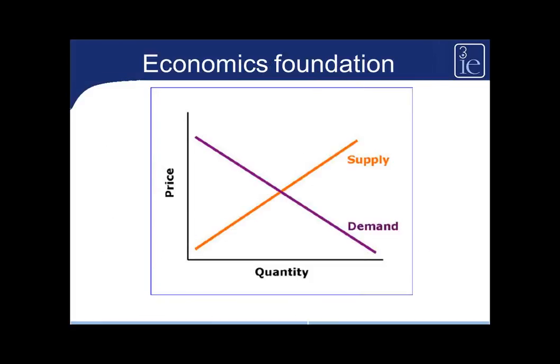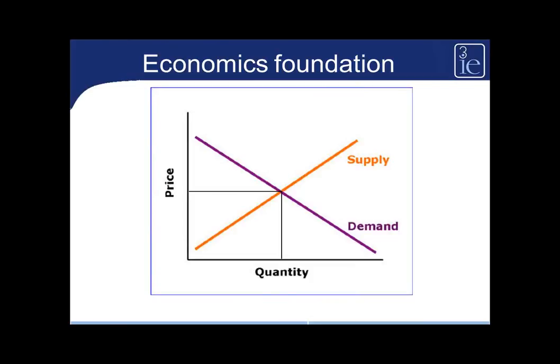Okay, so I warned you that there's a little bit of economics. Probably everybody has seen this very basic graph from Econ 101, and all I want to emphasize here is the decision-making foundation for cost-benefit analysis. So in simple economics, where you have a market working, resource allocation decisions are made by the market looking at the equilibrium between supply and demand.